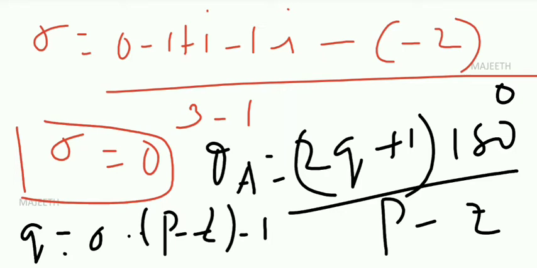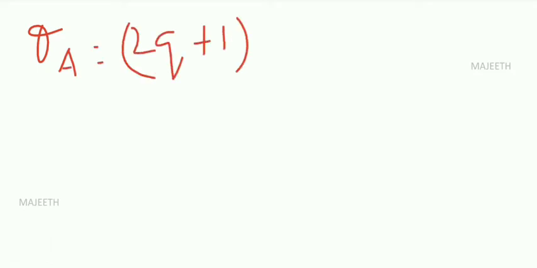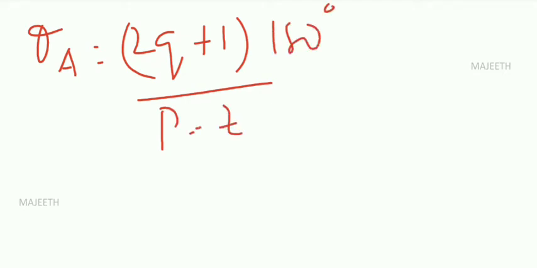So 3 minus 1 is 2, and 2 minus 1 is 1. So q varies from 0 to 1.